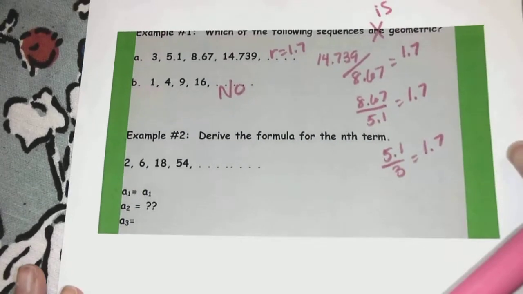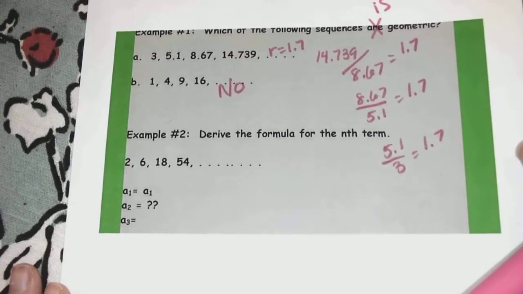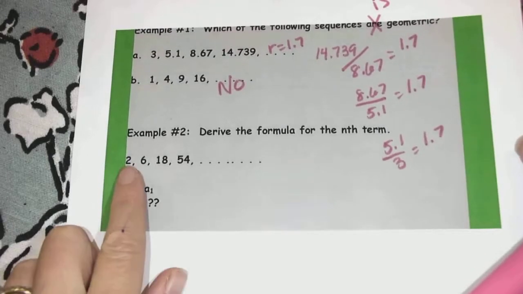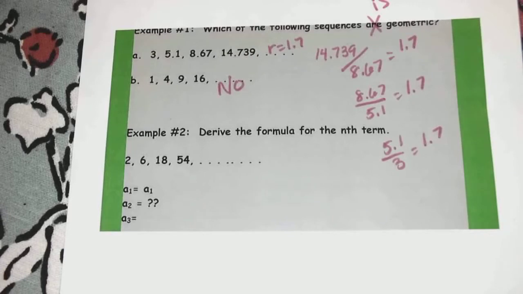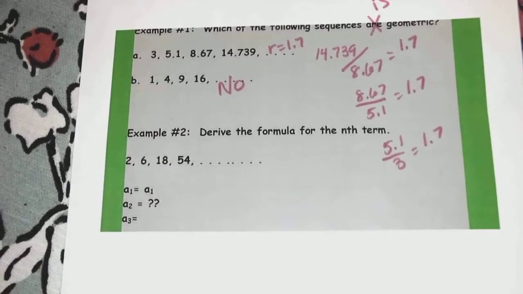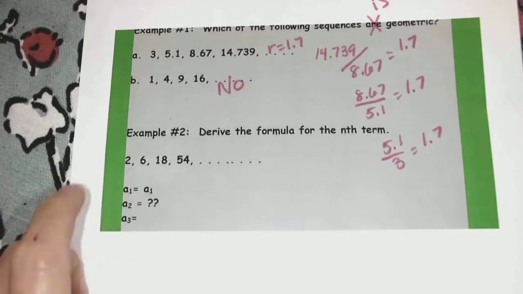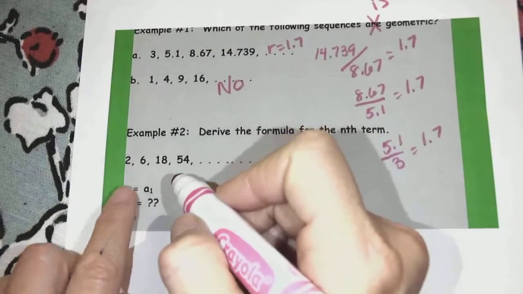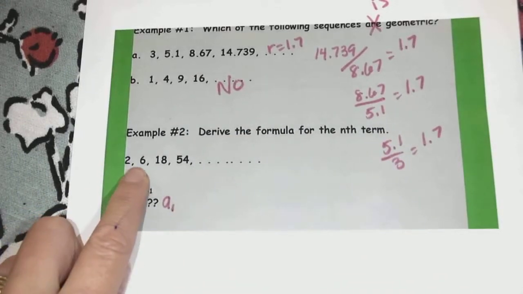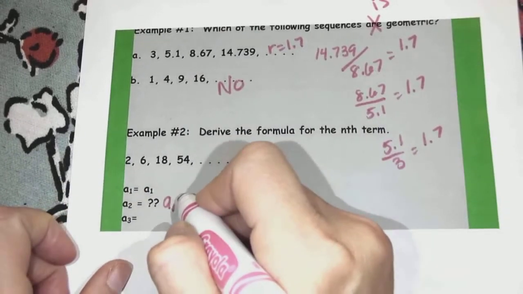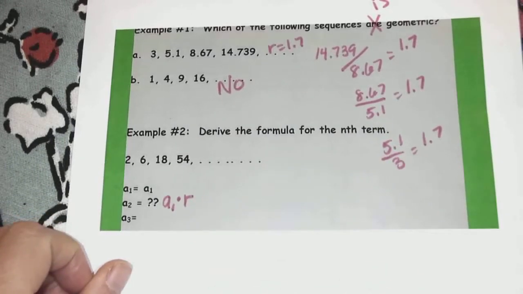Number 2, I'm going to try to derive the formula for a particular term. If I notice here, this is geometric. We're multiplying by 3 each time. So the first term will always be your first term, whatever that happens to be. In this particular one, it's a 2. The second term is I need to take that first term, which was a 2, and I multiplied it by 3, which was my common multiplier.